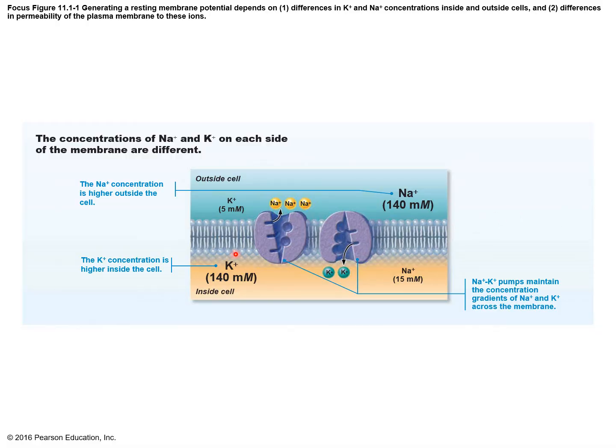And once again, this is the most well studied of any of the ion pumps, channels, or gates. We know exactly how it works. As I said, you're pumping 3 sodiums out and then 2 potassiums in. 3 sodium out, 2 potassium in, and it's just going to keep cycling back and forth like that.